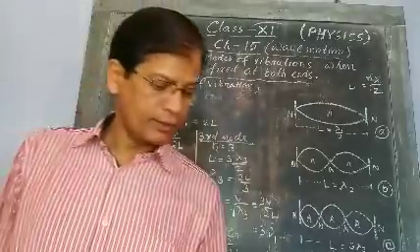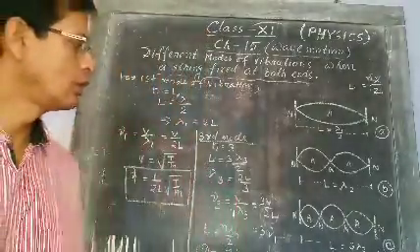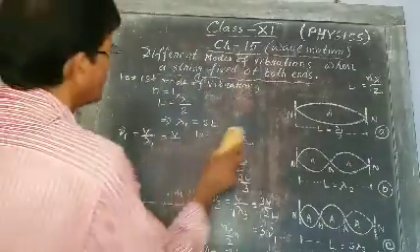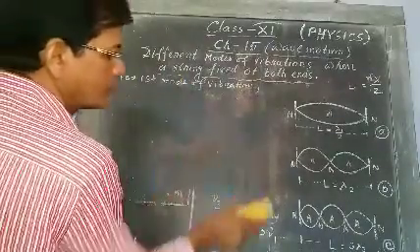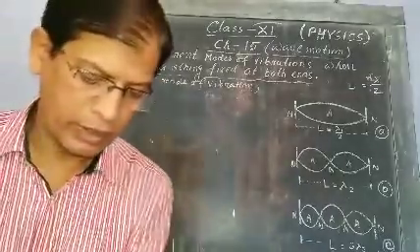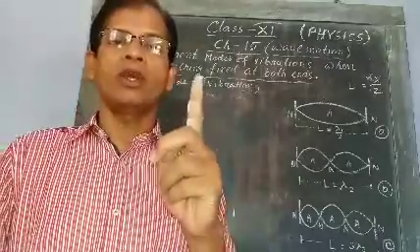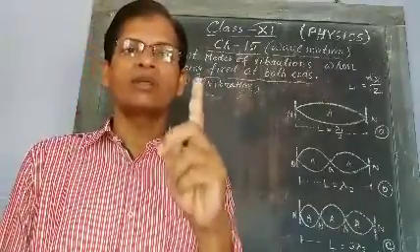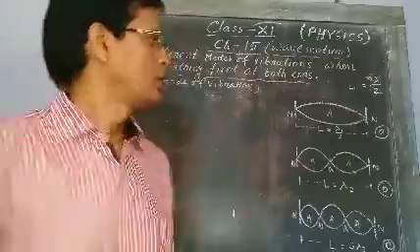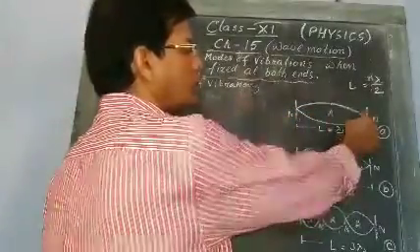Now we are getting nodes and antinodes. Nodes means minimum amplitude. That means where the string has minimum vibration. So in this case, this is node, this is node. Clear?